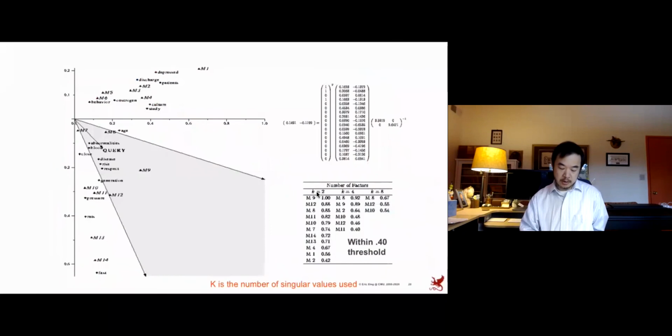So geometrically, you can also see that. Among all the documents here, M1, M3, M2, and so forth, your query basically lands here, which is closer to what? I don't know. Yeah, there is an M2 here that maybe is closest to this one, I hope.